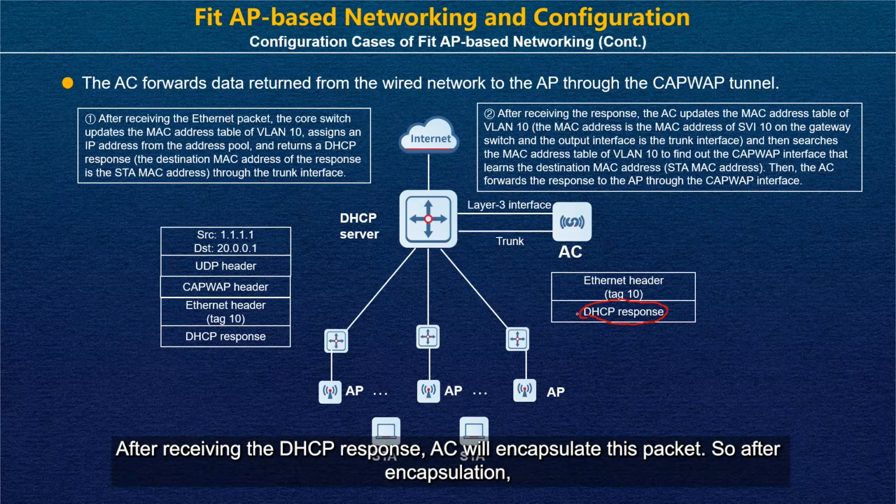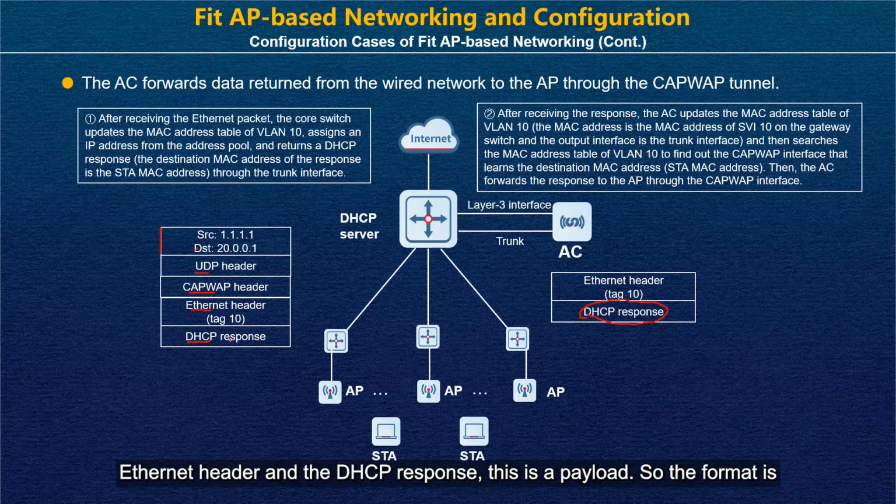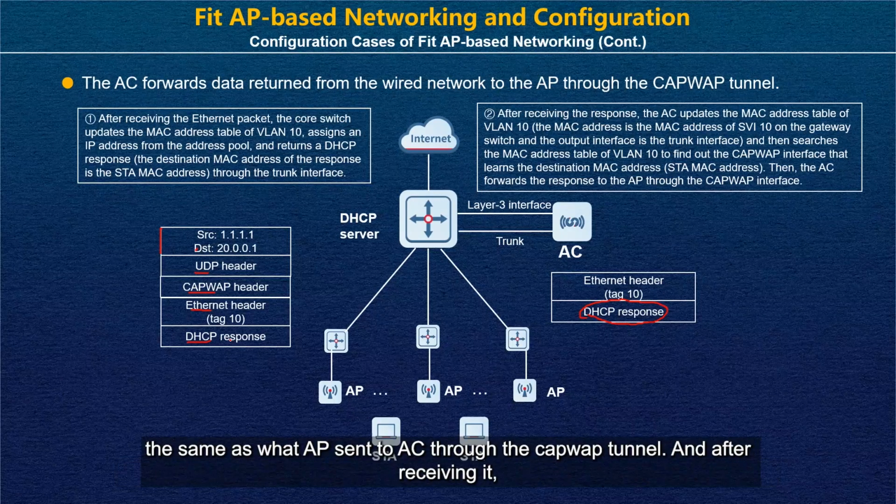After receiving the DHCP response, the AC will encapsulate this packet. So after encapsulation, you can see the result is like this: source IP, destination IP, UDP header, CAPWAP header, Ethernet header, and the DHCP response. This is the payload. So the format is the same as what the AP sent to the AC through the CAPWAP tunnel, right?